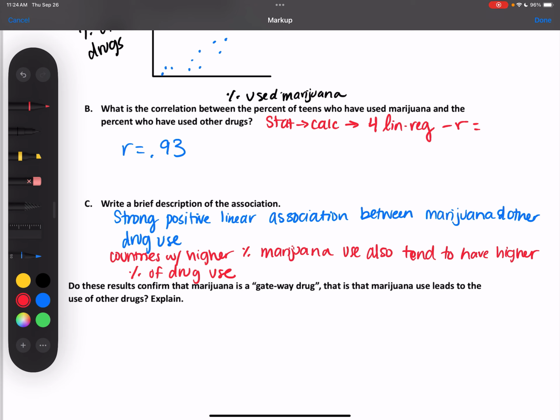Is it one of those where one's not really causing the other, they both just tend to happen, and just because one's happening doesn't mean it's the cause of the other? Yep. So, first and foremost, no, correlation does not equal causation.